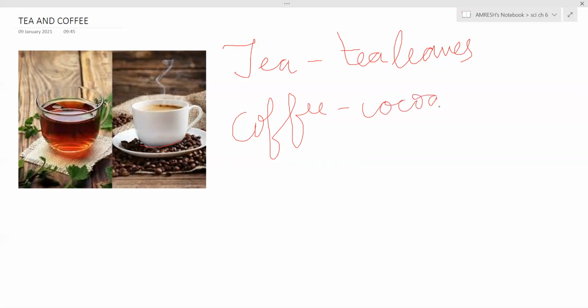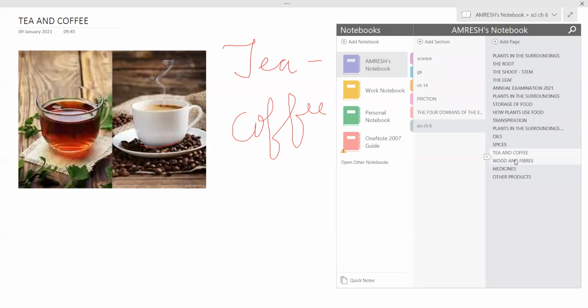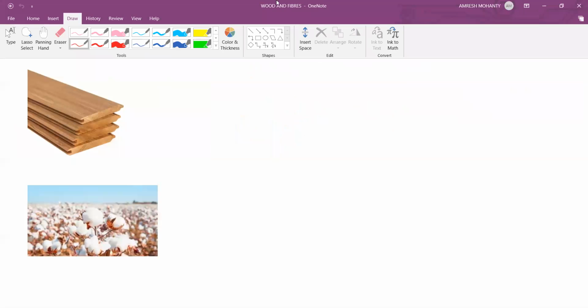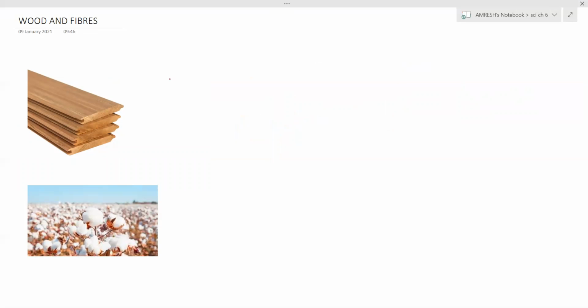Chocolate is prepared from the cocoa beans or cocoa seeds. So this is about tea and coffee. Tea and coffee are a very important part of life because they provide us freshness. Many people prefer to drink tea and coffee, but you should take it in adult age. It is not good for children of your age. So now we will learn about wood and fibers. Children, in your home you must have seen furnitures.